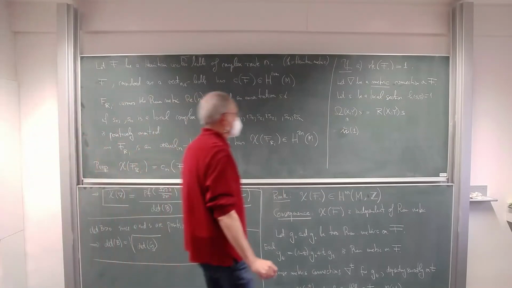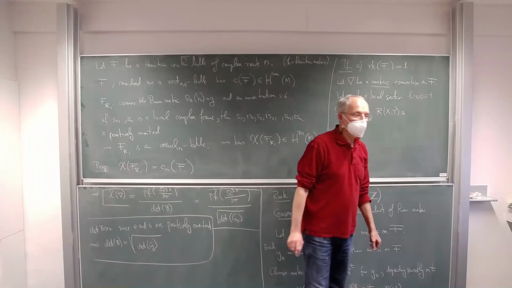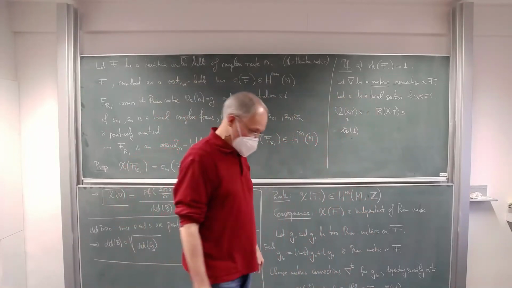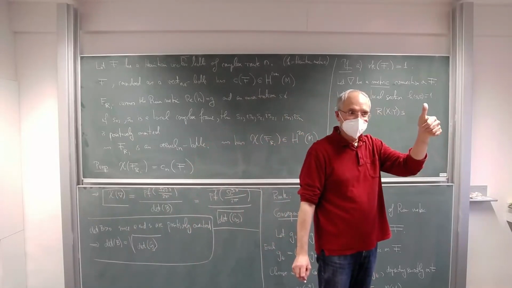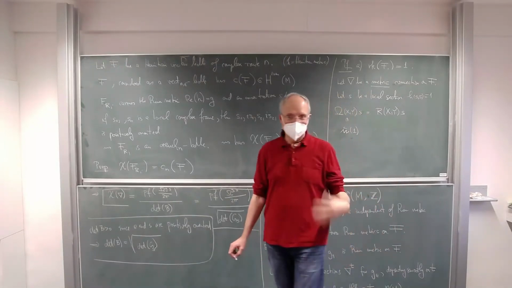And what is that? It's a complex 1 by 1 matrix. It's just a number. So what does it mean to be skew? Exactly, so it's purely imaginary.